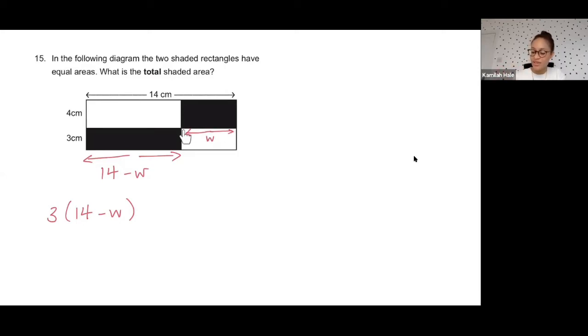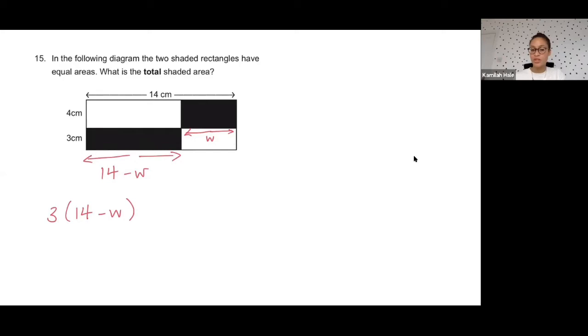So if we call this W, if we then wanted to work out this, if they were both numbers, we would just do 14, take away this amount. If this was 5, you'd do 14, take away 5, and you'd get this. And then if we had numbers and we wanted to figure out the area, we'd do whatever this length is times 3.